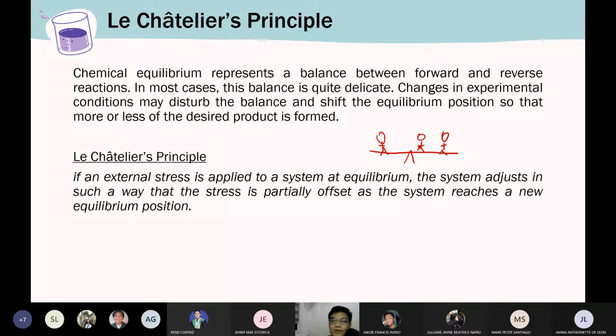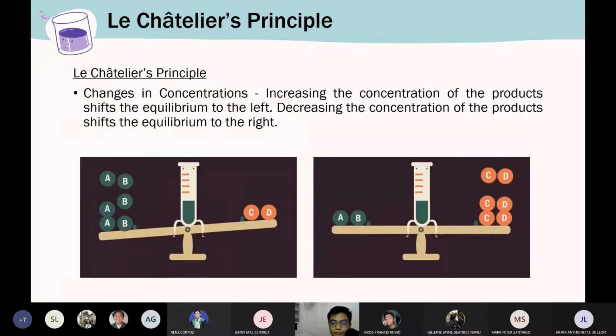Okay? So those are the factors that could affect the equilibrium system. And Le Chatelier's principle gives us the possible outcomes when the system suffers from that stress. So, what will happen?